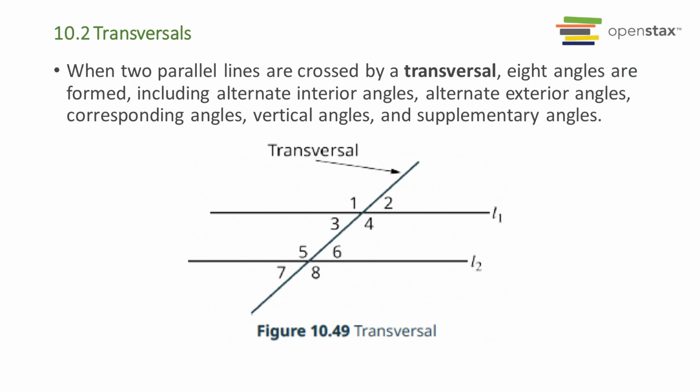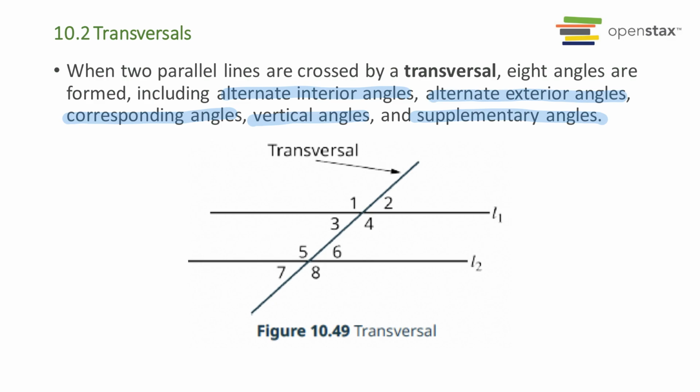We have alternate interior angles, alternate exterior angles, corresponding angles, vertical angles, and supplementary angles. We've already talked about vertical and supplementary angles. We need to talk about what it means to be alternate interior, alternate exterior, and corresponding.